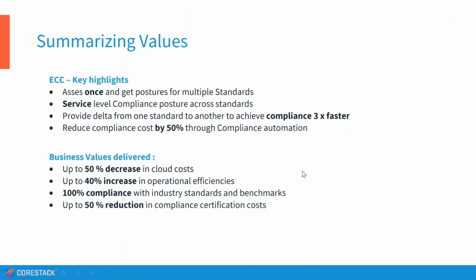If I have to summarize, ECC, being enterprise cloud compliance, our product: assess once and get postures for multiple standards, service level compliance postures across standards, and provide the delta from one standard to another to achieve compliance 3x faster. And again, we are multi-cloud, so you're able to see that across all 3 clouds, or if you have more than 1 cloud, and reduce compliance costs.